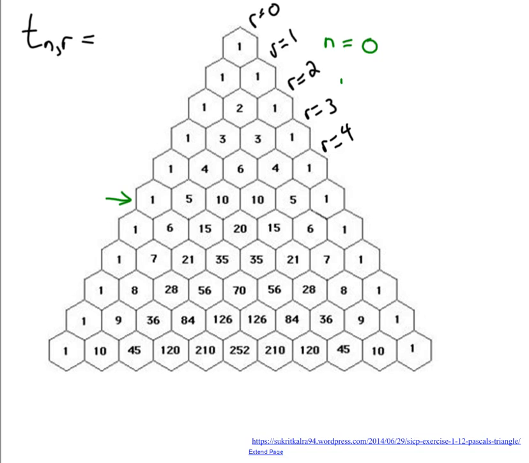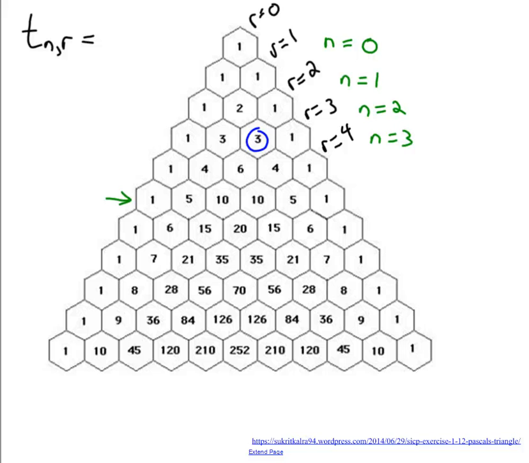N equals 0, n equals 1, n equals 2, n equals 3, and that's probably far enough. We would find, let's say, I'll choose this number here, this 3. All right, so first of all, I want you to just pause here and try to figure out what would be the notation that we would use to describe that particular number.